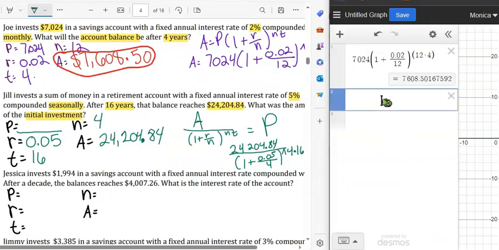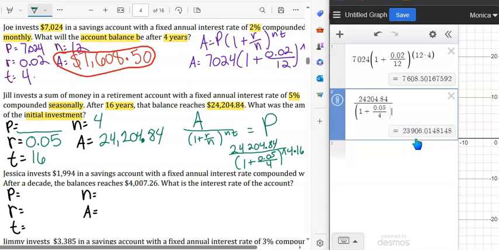And we'll type this into Desmos to 2 decimal places. So our answer, our principal amount, is $10,930.00.